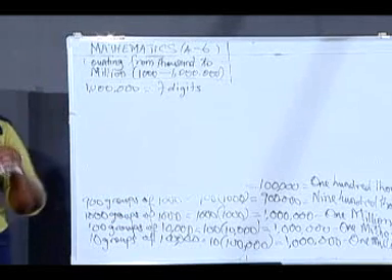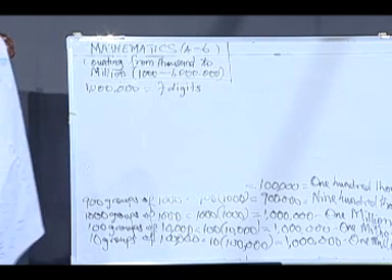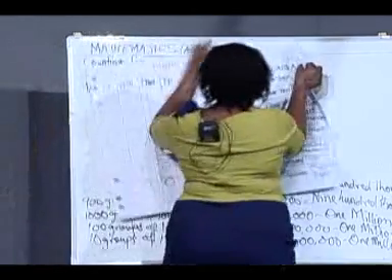Now, this leads us to the digit value table, the digit value of numbers. Look very well on the board.